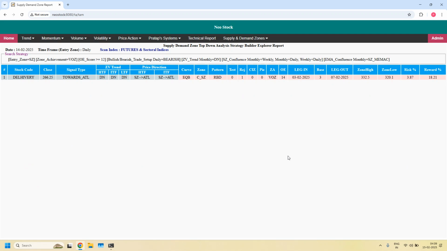We got that stock. This stock is filtered. That means this daily supply zone is overlapped with weekly, both together overlapped with monthly, and that monthly supply zone has monthly EMA confluence. So this is how we should understand. So this is a bearish trade setup for monthly income trade.